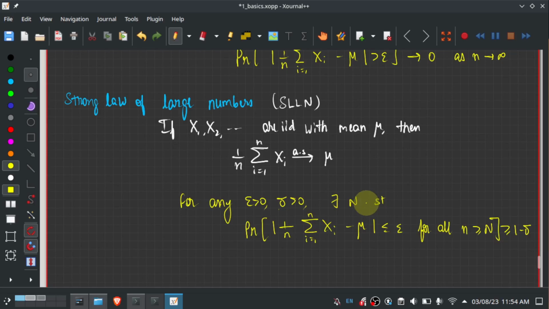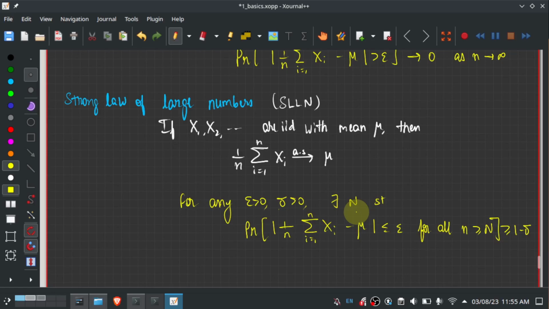So you give your tolerance epsilon and delta. No matter how small you make these, I can always find a point beyond which, with very high probability, this average will be close to mu for all the samples beyond that particular point.